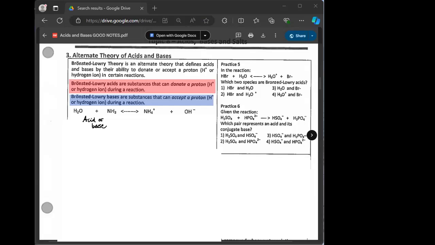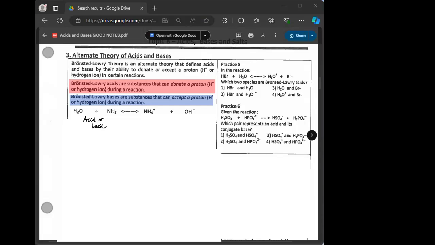Okay, so what you do is you're going to pick a reactant. So remember, reactant is a substance on the left-hand side. So it doesn't matter which substance we pick.